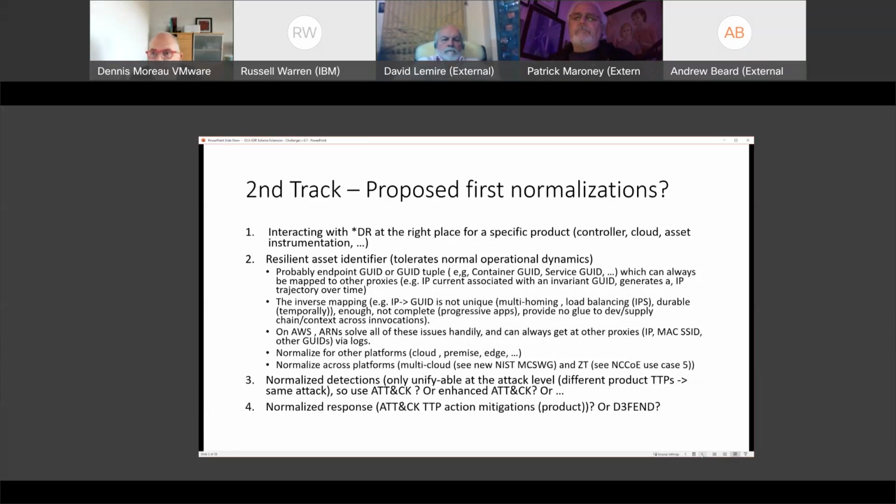So the first-order normalizations I think we could go at are that interacting with detection and response products can be normalized. We can say for one product, you ought to talk to the controller. For another product, you ought to be able to talk to the agent telemetry. And for yet another, if there's another in-between place, maybe those mid-tier concentrators, that might be an appropriate place to talk to them.